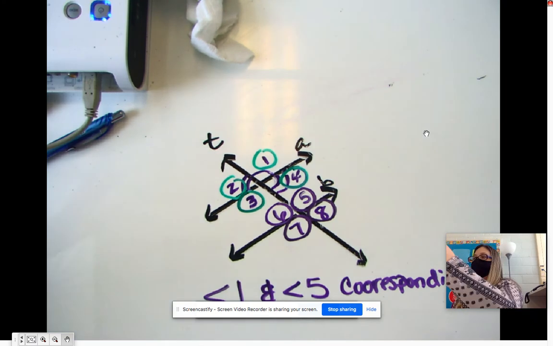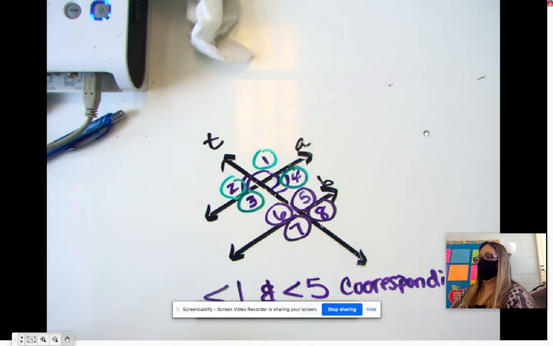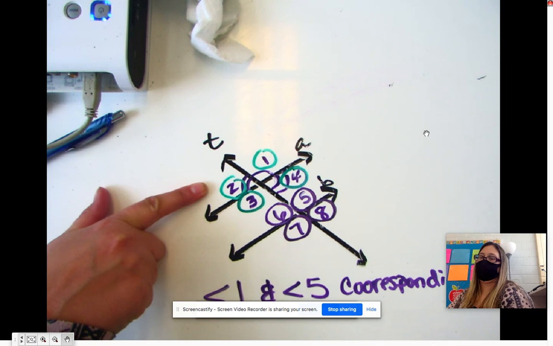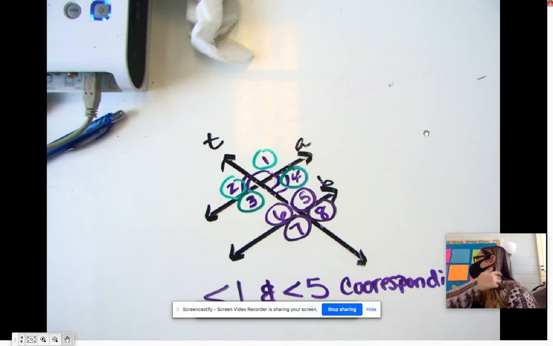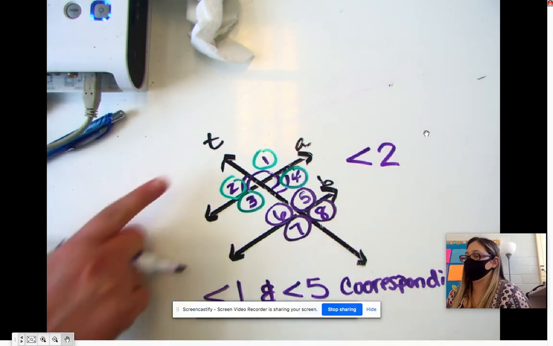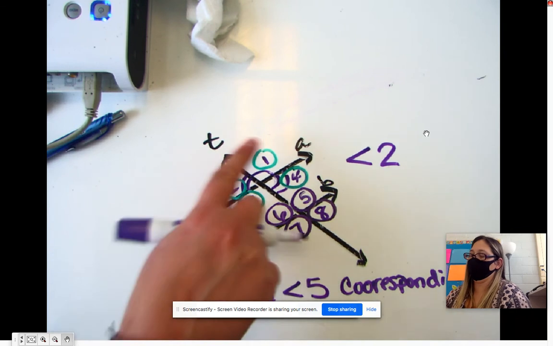Okay? So we can do more than one here. What if we do angle 2? So angle 2 is the top left out of the green ones. Which one's the top left out of the purple ones? I'm saying angle 2 is the top left out of the green ones.